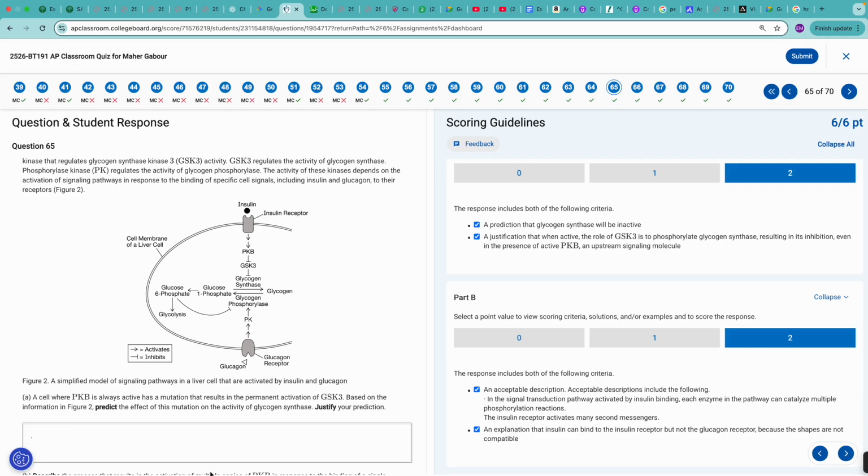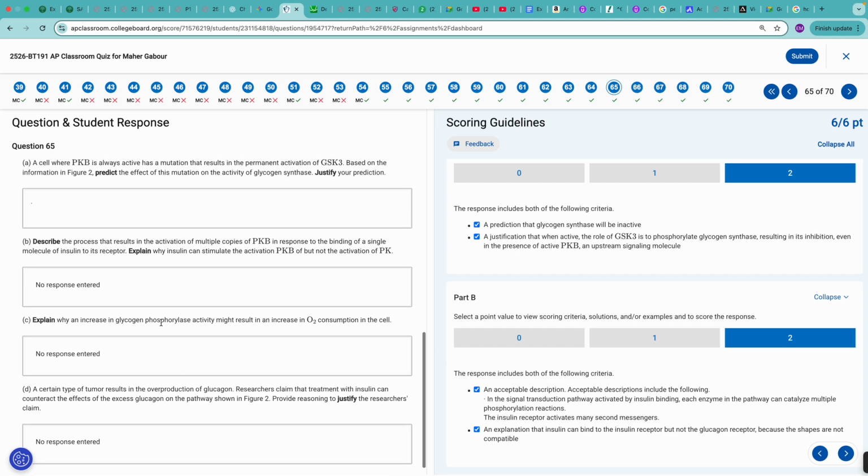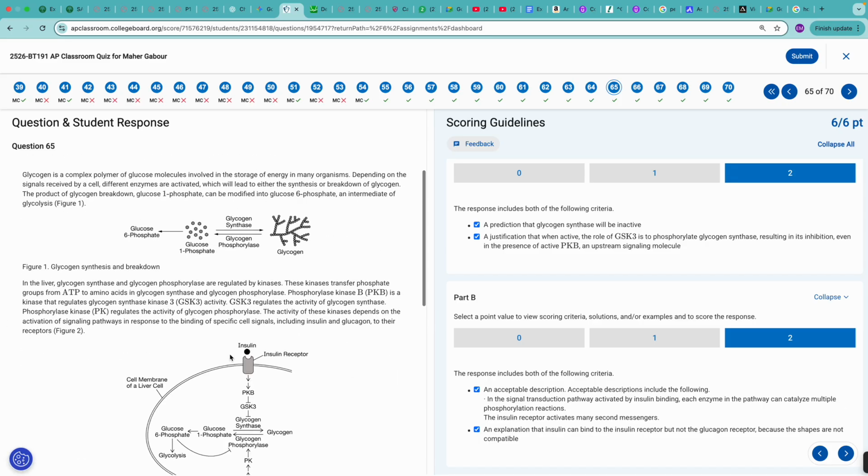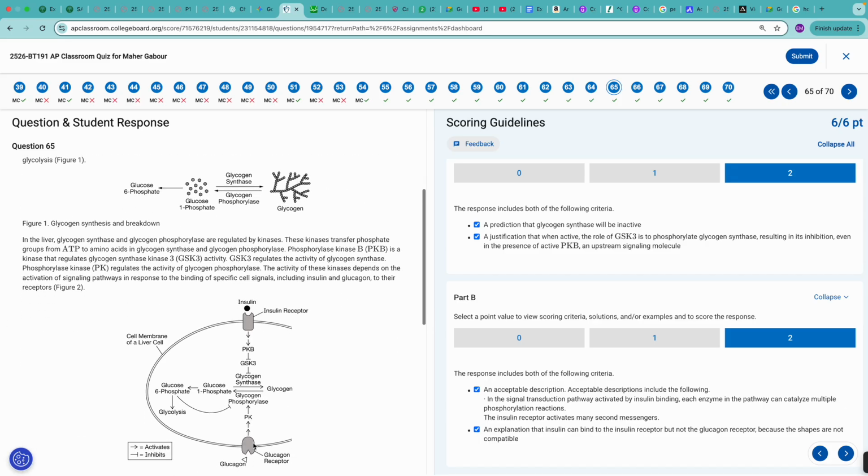Now part B: explain why insulin can stimulate the activation of PKB but not PK. Here you have an insulin receptor, and here you have a glucagon receptor.